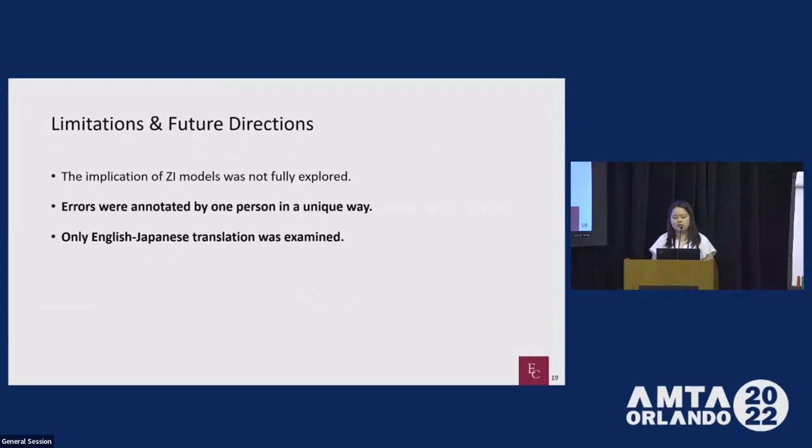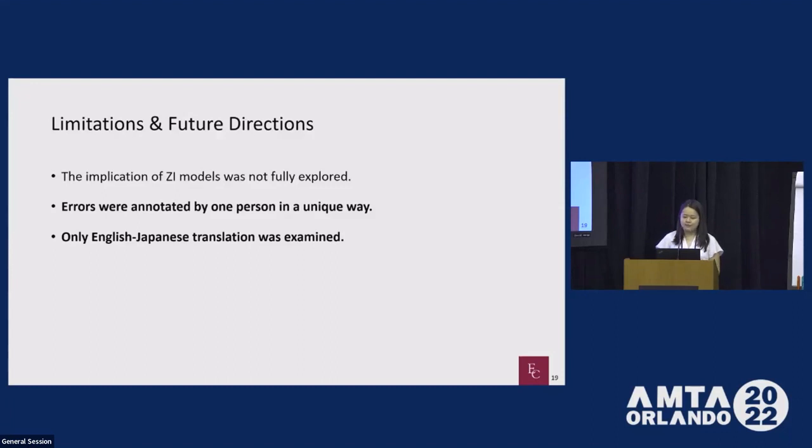Aside from the uncertain validity of ZIGLMMs, this study had 2 major limitations. That is, I annotated errors on my own and only examined English-Japanese translation. It is certainly possible that more objective error annotation and data with different language pairs present very different results.